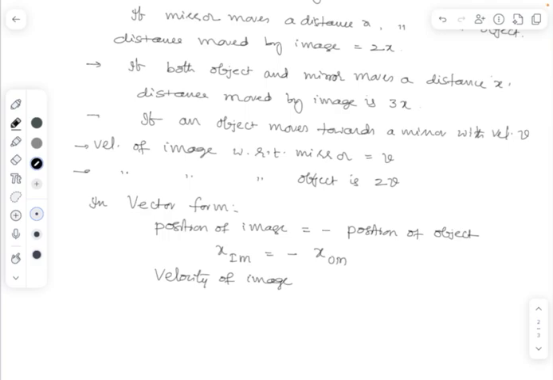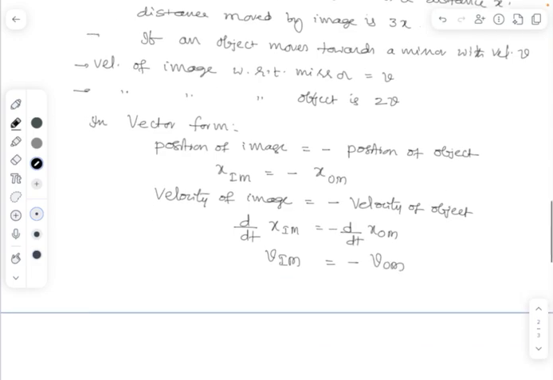Velocity of image equal to minus velocity of object. d by dt of x_im equal to minus d by dt of x_om. So velocity of image with respect to mirror equal to minus velocity of object with respect to mirror.